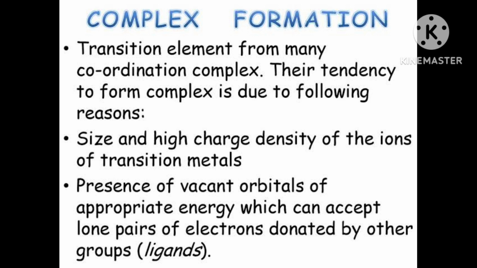Then I told you about ferric 3+, 3d5, it is a yellow color. And manganese 2+, Mn2+, is 3d5. It is a pink color. See how colorful the ions are.